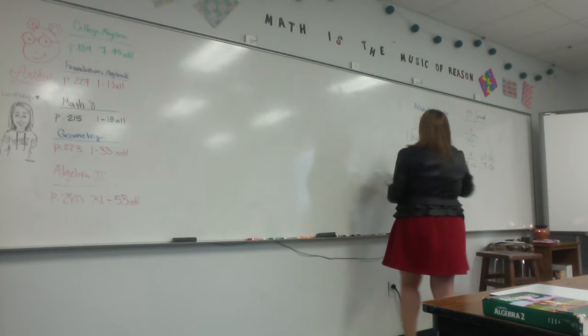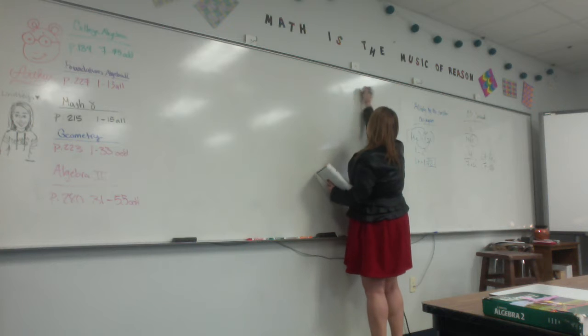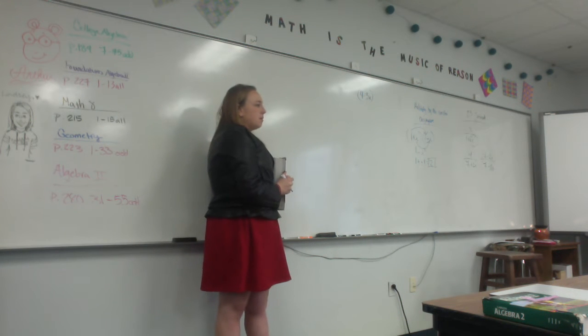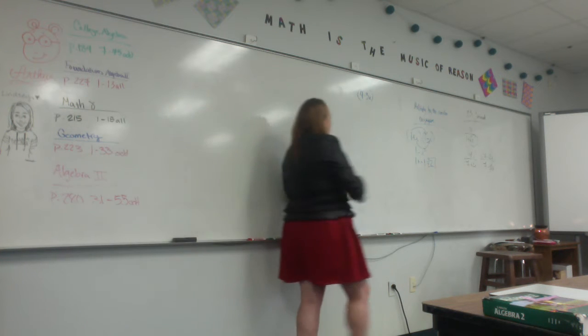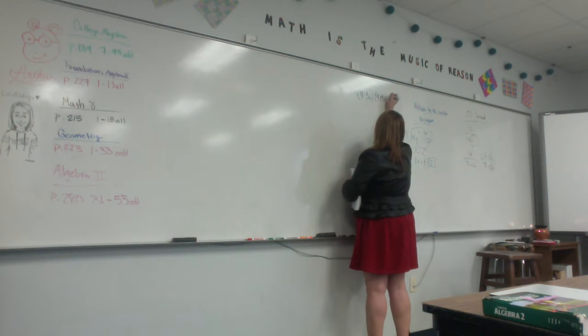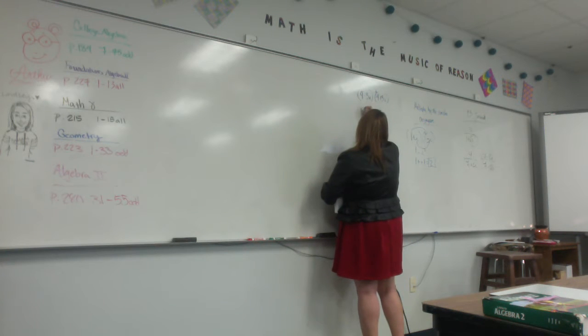What happens if you have 4 minus 3i? What do you need to multiply that by for the complex conjugate? 4 plus 3i. So once again, you don't have to FOIL all the way because the middles will cancel. What's 4 times 4? 16. What's negative 3i times positive 3i?